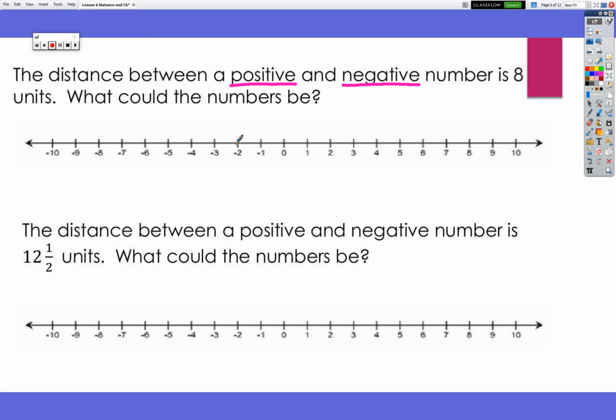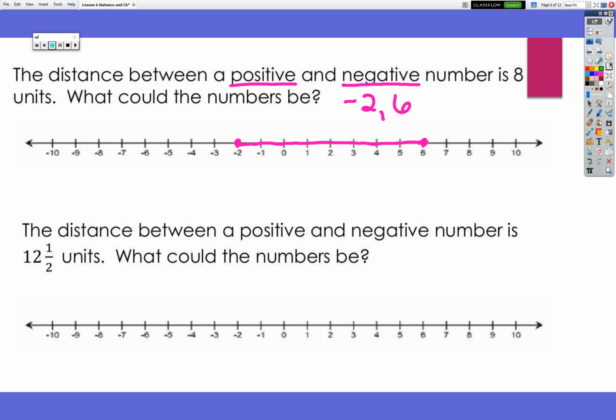First of all, what if I started on a -2? Then I could count 1, 2, 3, 4, 5, 6, 7, 8, and the positive number would have to be 6. So one possibility is -2 and 6. Let's try another possibility.